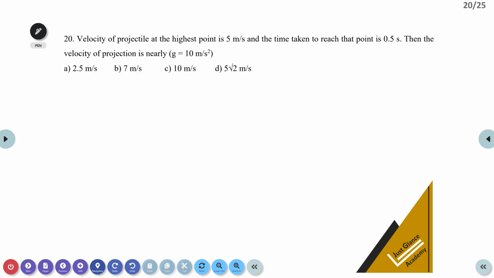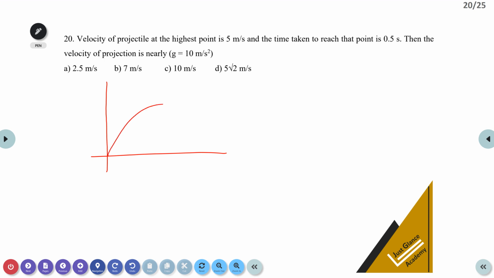Next. Velocity of projectile at the highest point is 5 meter per second, and the time taken to reach that point is 0.5 second. Then the velocity of projection is nearly, okay, a very interesting question.